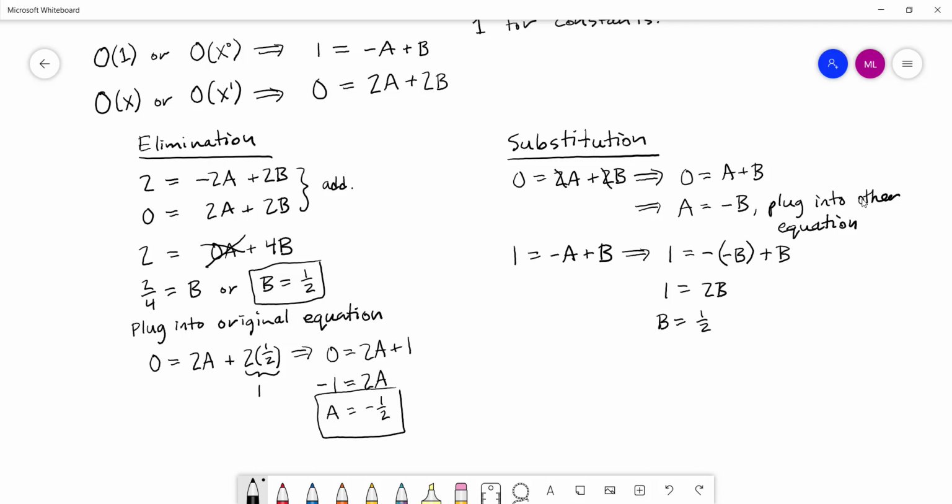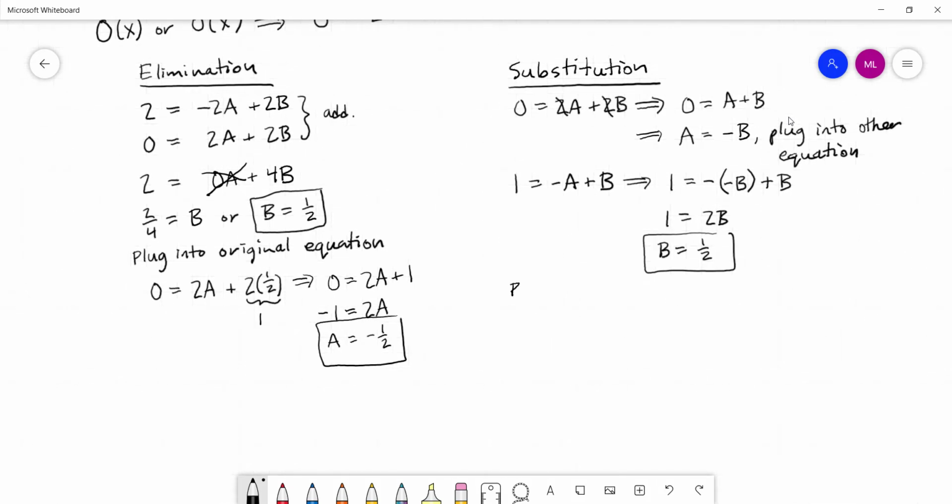And once we have b equals a half, go back and follow the same procedure we did over here. The nice thing is, though, now I have a simpler equation. I'm going to plug it into the one that we solved for. I can plug into either of the two original equations, or I can plug into this nice version of the equation where I've solved for one variable entirely in terms of the other. So we've already done a lot of the algebra, so this is the ideal version to pick.